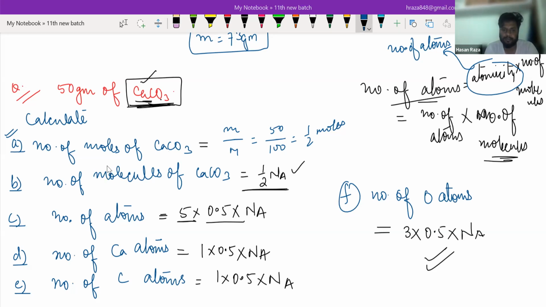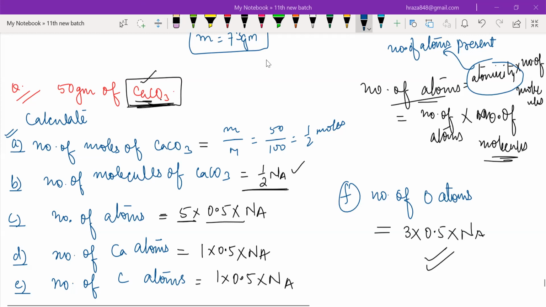Let me know when you are finished with this. I'm going to give another question on this base. Let me know when you are finished.